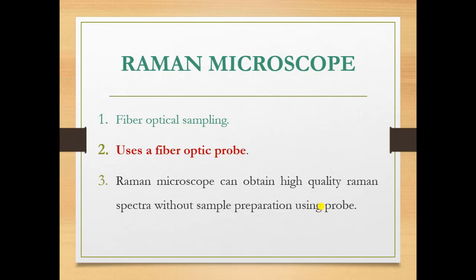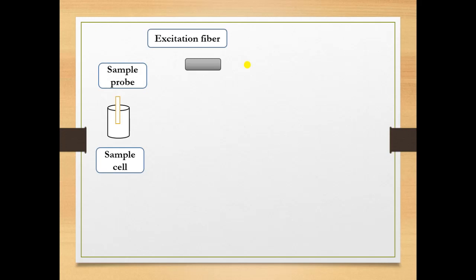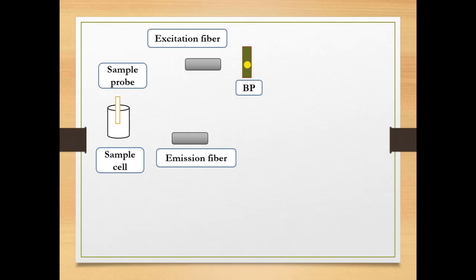Now we will see the components of Raman spectrometer. This is the sample cell. This is the probe, sample probe. This is the excitation fiber. This is the emission fiber. This is the BP, a filter. Which type of filter? A band pass filter.